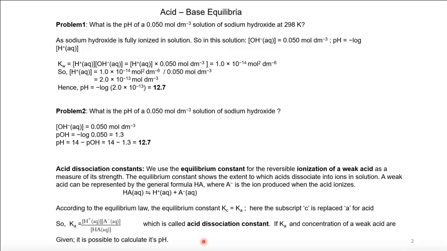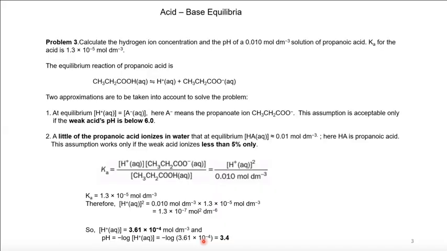Let's go to the next slide. We are asked to calculate the hydrogen ion concentration and the pH of a 0.1 molar solution of propanoic acid.